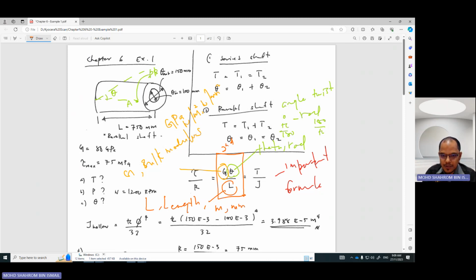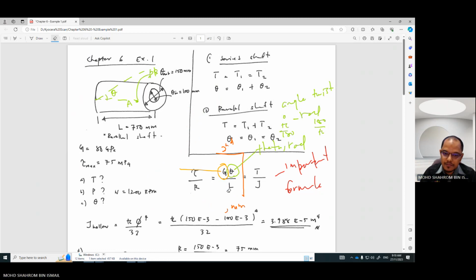Okay, this is our second expression, which is somehow you need to understand lah. You need to know. So before I proceed to our third expression, let me padam dulu supaya tidak mengelirukan dan mudah nak difahami.